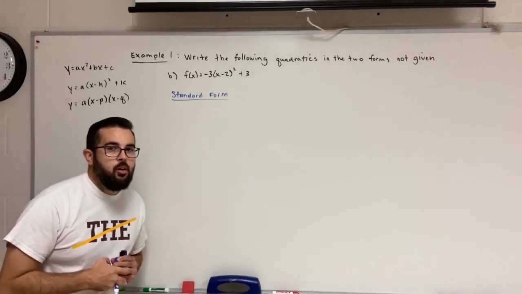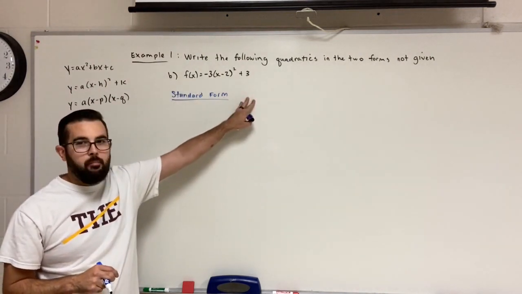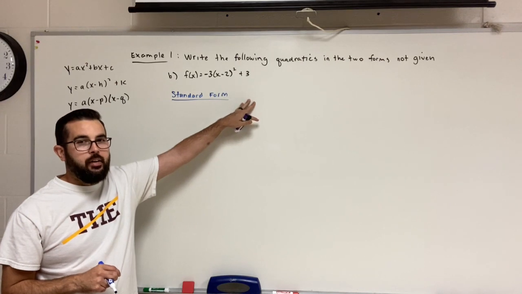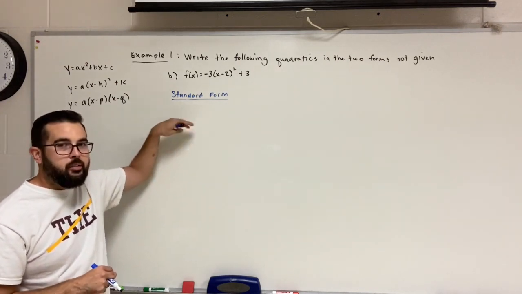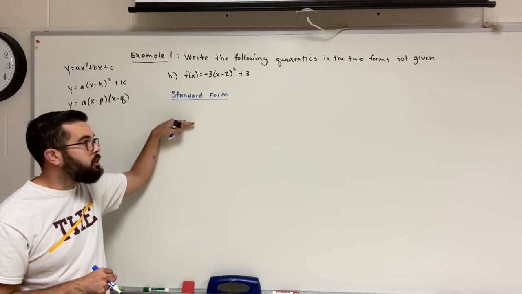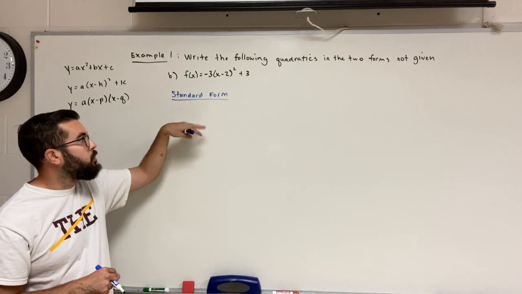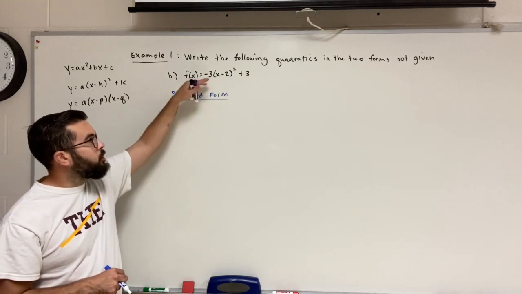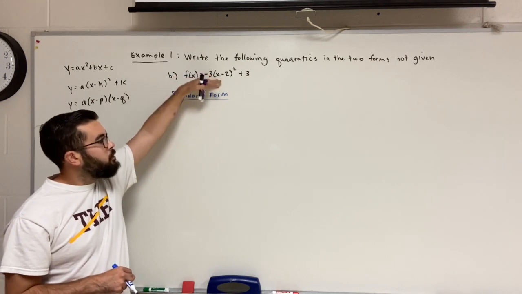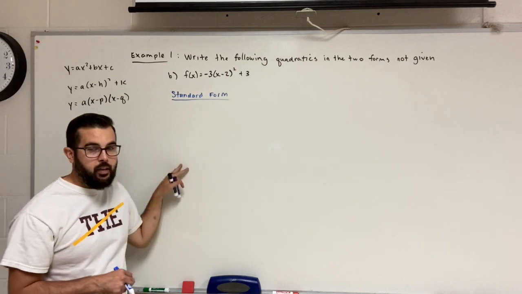Now it's important to note that to go straight from vertex to factored form is not a very easy process without first going to standard form. So I am going to do standard form first. The previous problem I could have done factored form first or vertex form. It doesn't matter there, but here it does matter. Here you're going to want to start by going from vertex to standard, then from standard to factored.